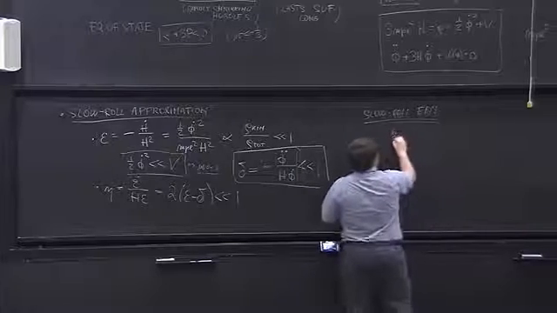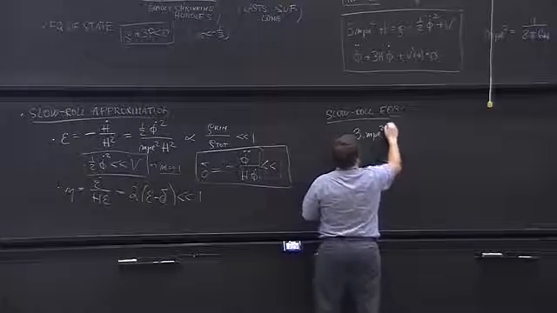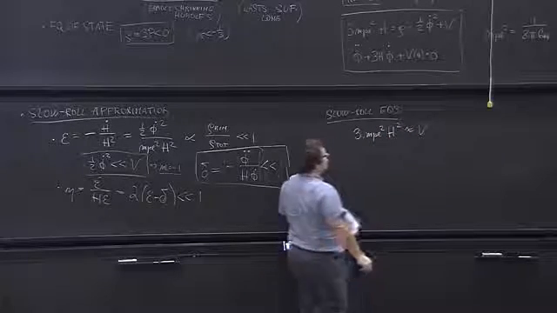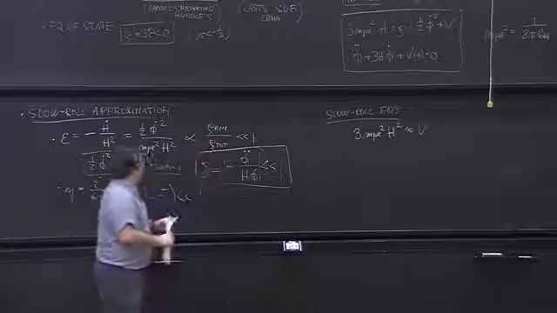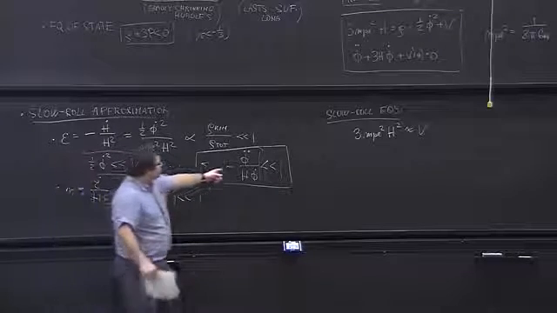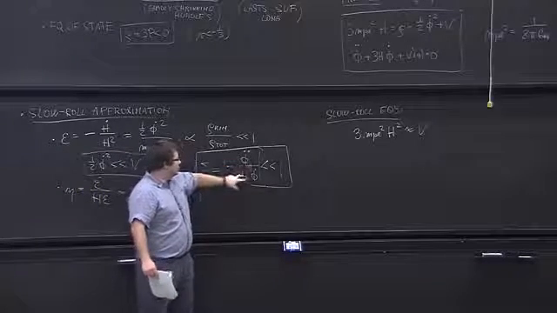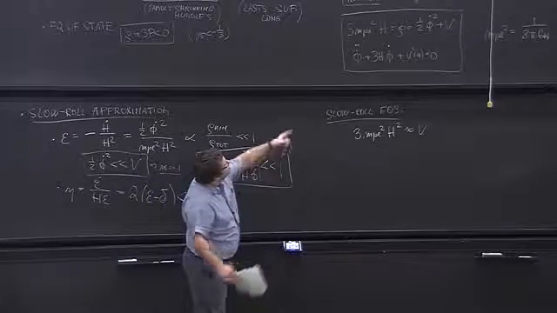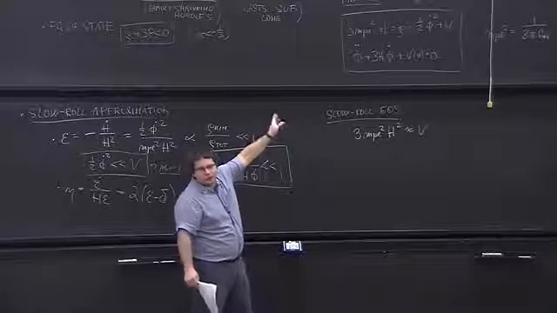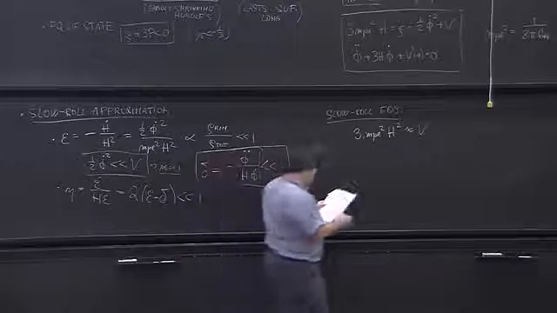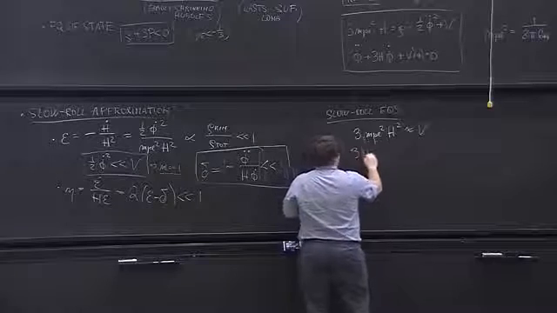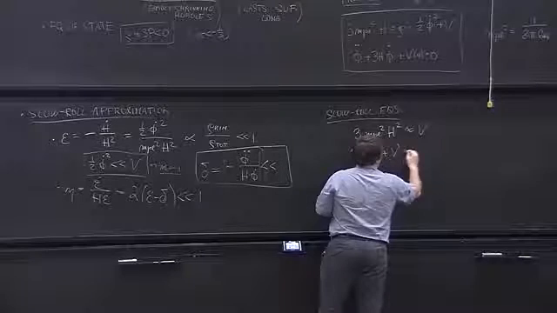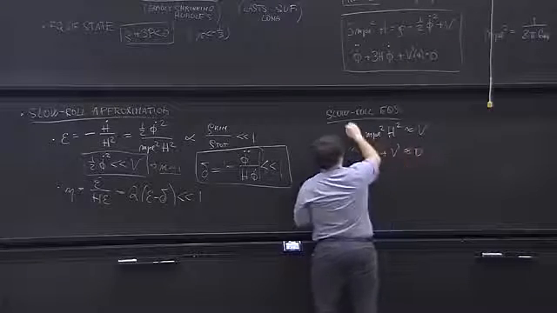So the first one is just 3 m Planck square H square approximately equal to V. And in the second one, I see that phi double dot must be much smaller than H phi dot. So in the second equation I can delete phi double dot. So the second equation is just 3H phi dot plus V prime equals 0.